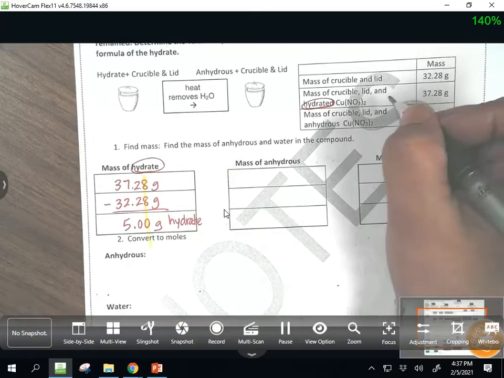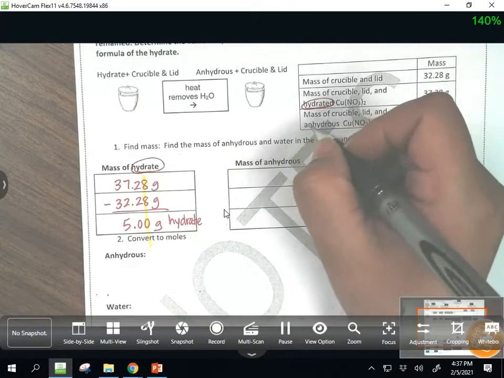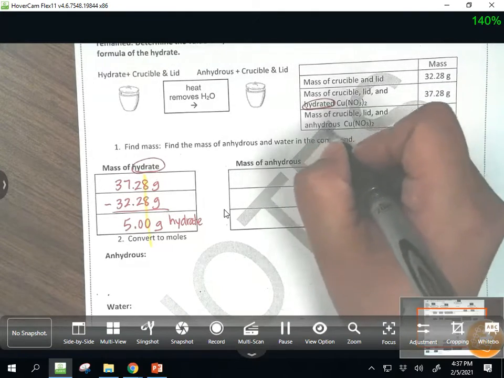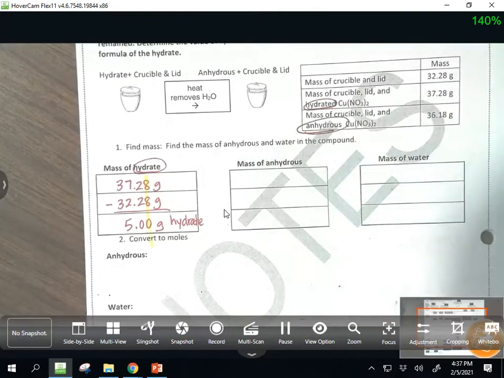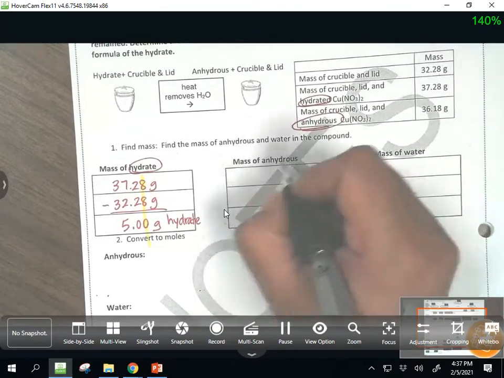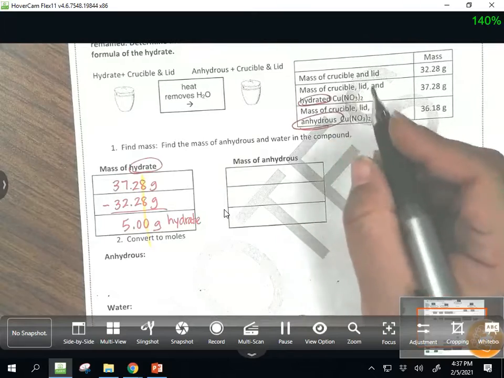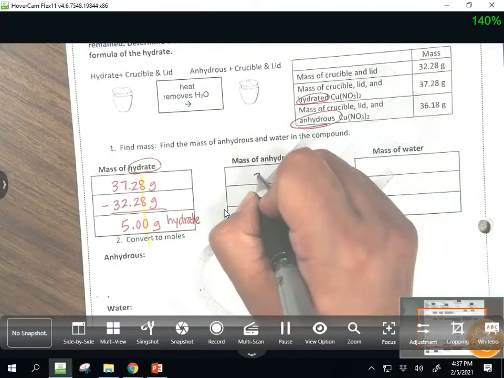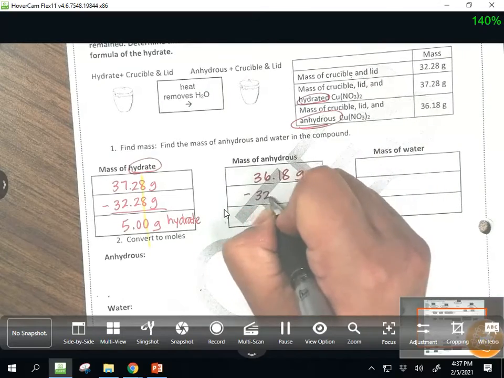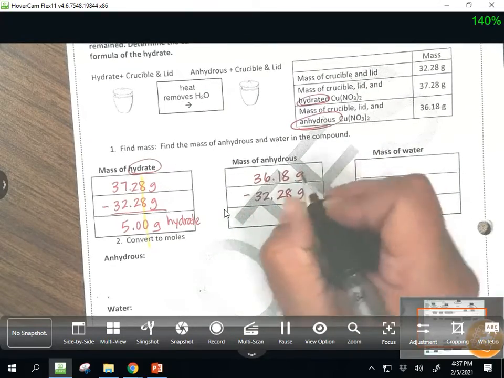So now, if I want the anhydrous, it is this one. I'm going to use the anhydrous with the crucible and lid and subtract the crucible and lid from it. So I have 36.18 grams minus 32.28 grams.